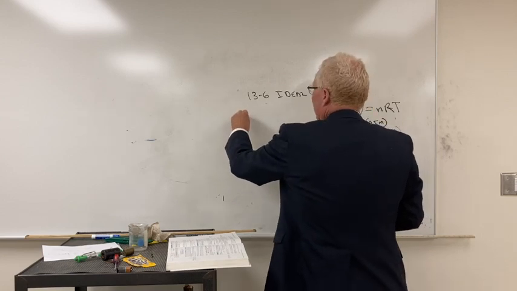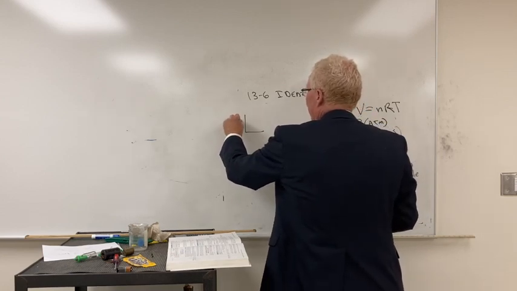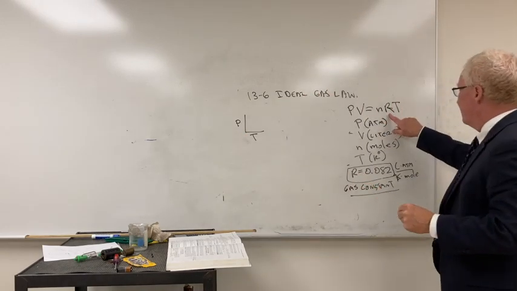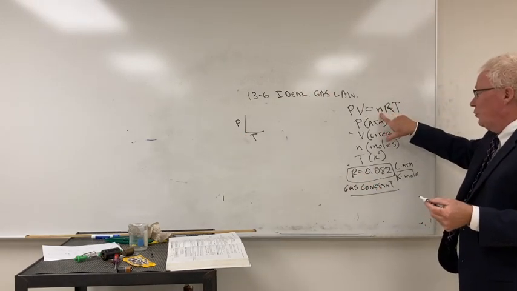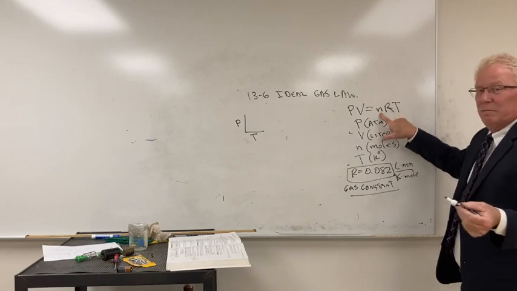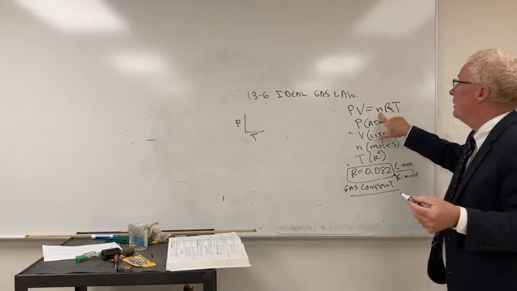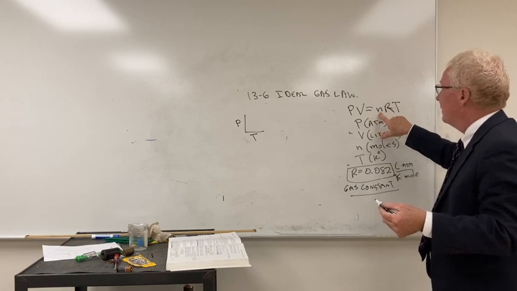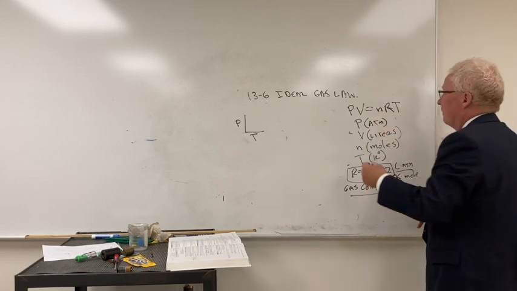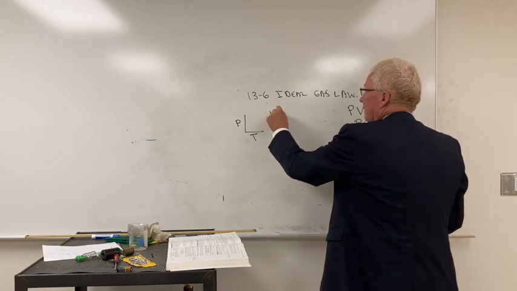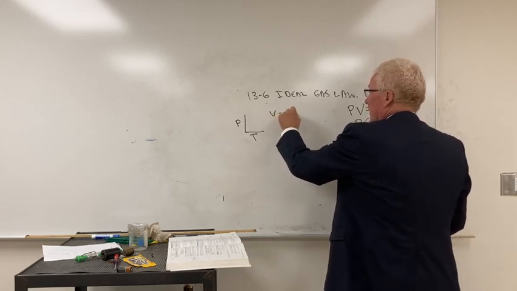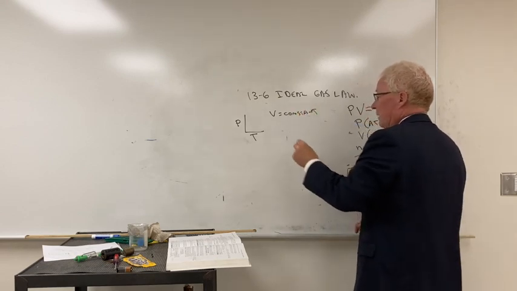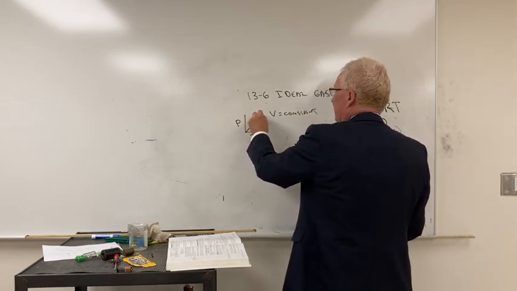If we plot P versus T, and n will be a constant, we're going to assume that n, the number of moles, we don't lose any. Then if we keep V constant, then P is proportional to T.